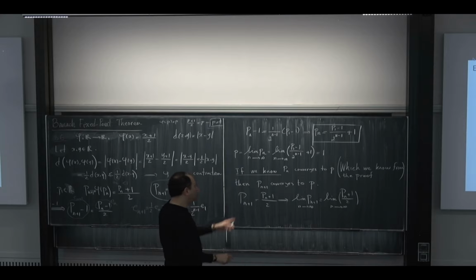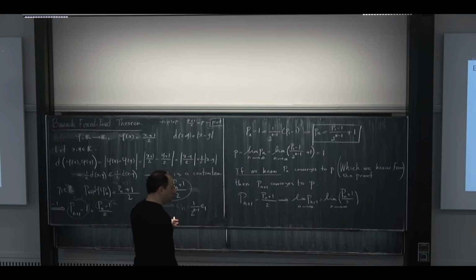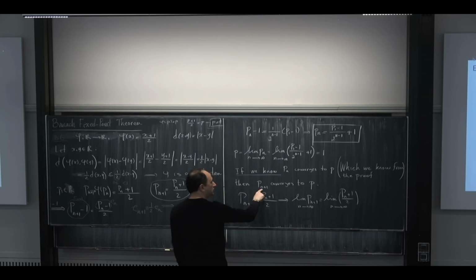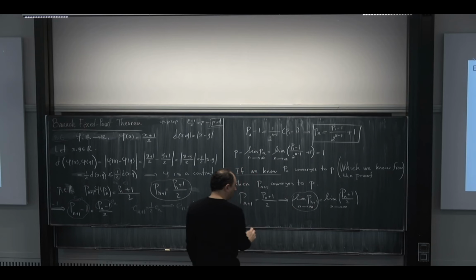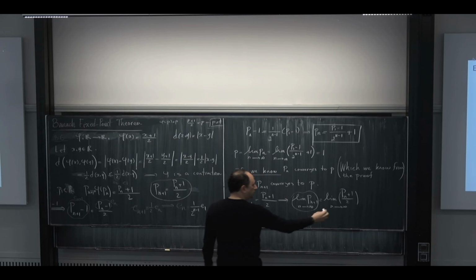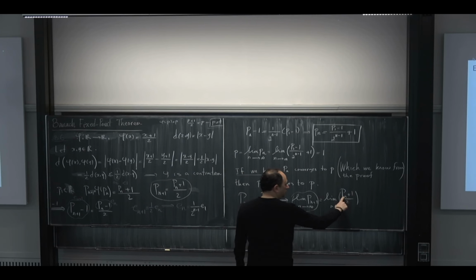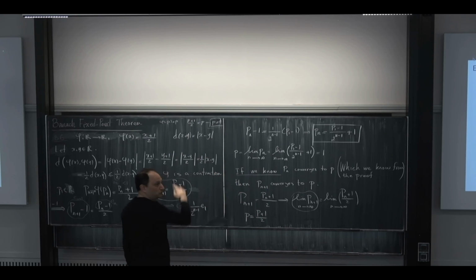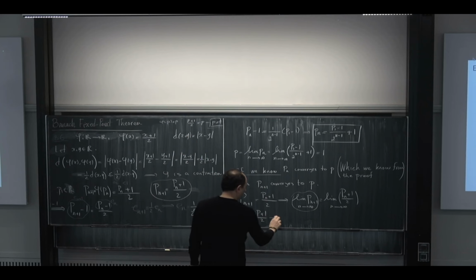I'm assuming that my sequence converges to some number p, then by the theorem for subsequences, this also converges to p, so I can take the limit. And then what can I put instead of this guy? I can put p. What is this limit? This is a constant, so I take the limit of this one, which becomes p. And that is exactly that equation. So p becomes p.